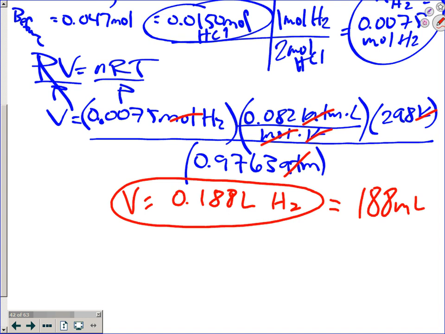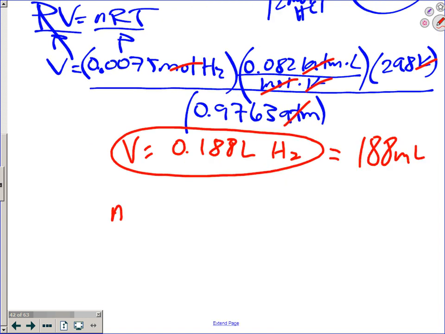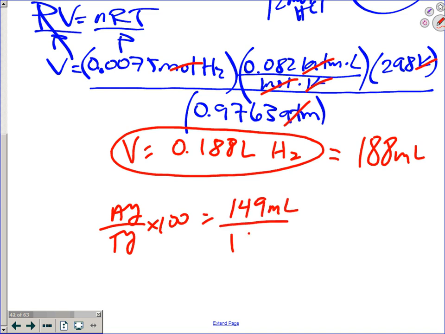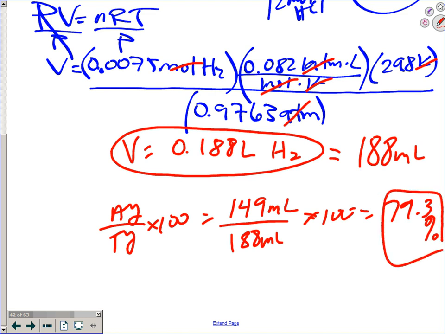Now we can do actual yield over theoretical yield times 100. Actual is 149 milliliters, divided by 188, times 100. That's 79.3% yield. Not too shabby. I'd let them stay in the lab group. Not too bad.